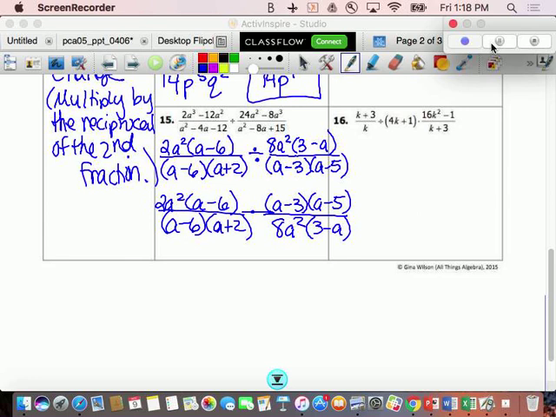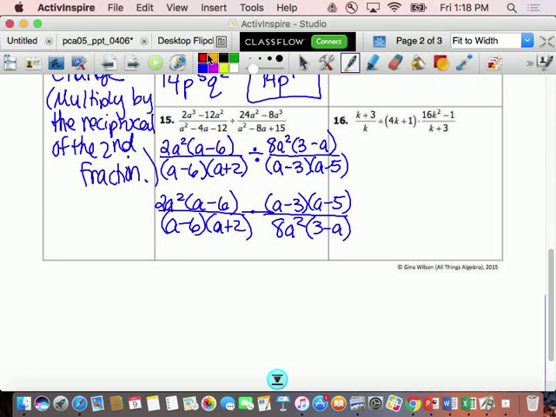Okay, so now that we have factored, we've done keep, flip, change, which is multiplying by the reciprocal, we start canceling. Does anything cancel with this 2? The a goes in there 4 times. What about a squared? Yes, there's another a squared. Okay, what about a minus 6? Yes. What about a minus 3?